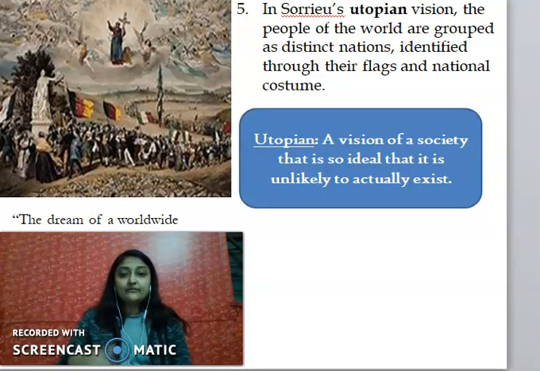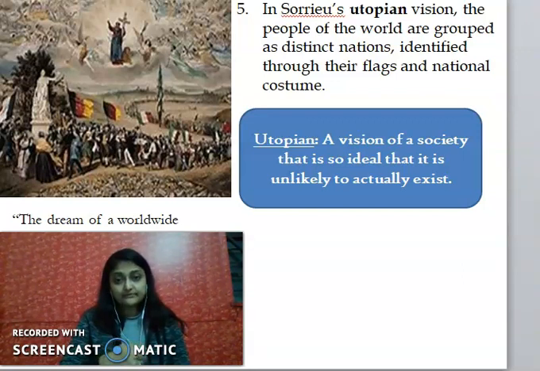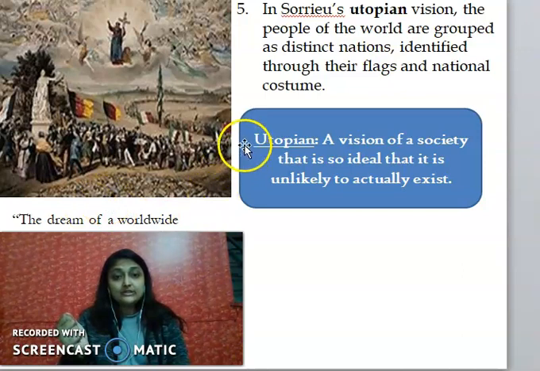Utopian means it is a vision of a society that is so ideal, that is so correct that if you implement them in your society, the society will really become good. Here, the vision of the painter is of all good ideals, good principles a country or a nation should possess. But it is just a vision because not every government is perfect. So, it is called a utopian vision.